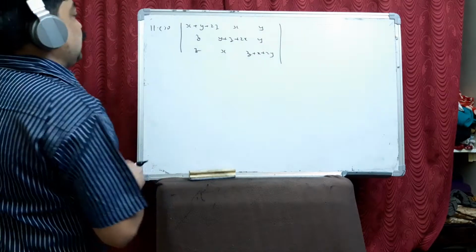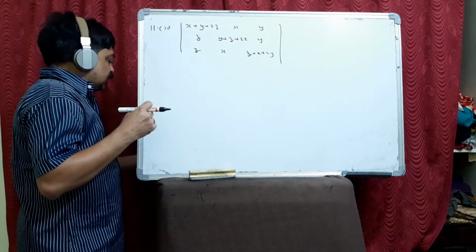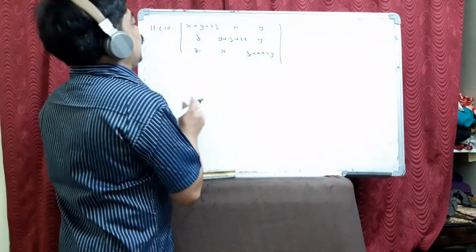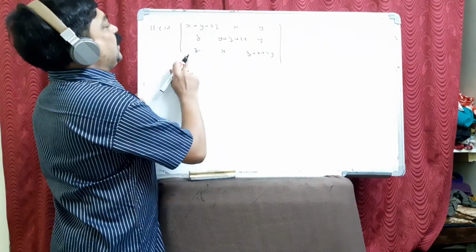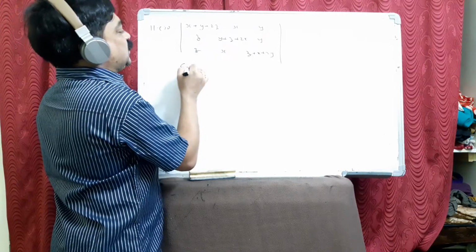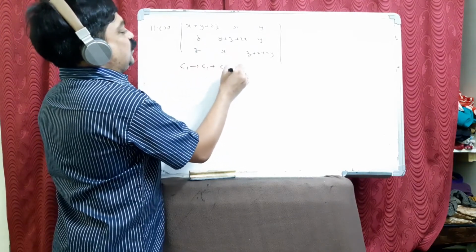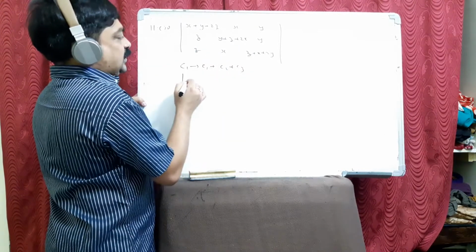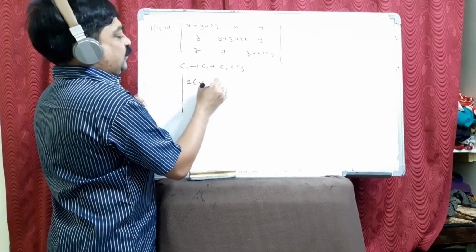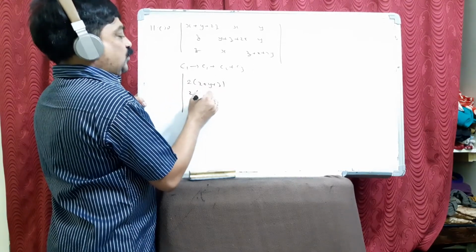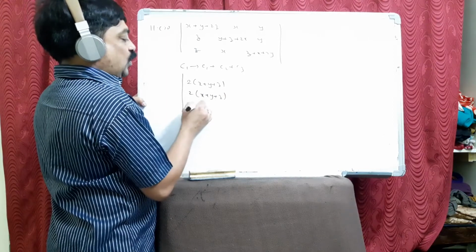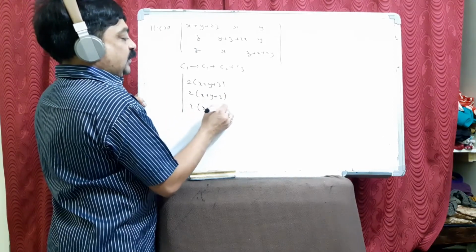Okay. See in this question, the right hand side is 2 into x plus y plus z whole cube. When you add columns, C1 to C1 plus C2 plus C3, then you get the same thing: 2 into x plus y plus z for the first column, same 2 into x plus y plus z for the second column, 2 into x plus y plus z for the third column.